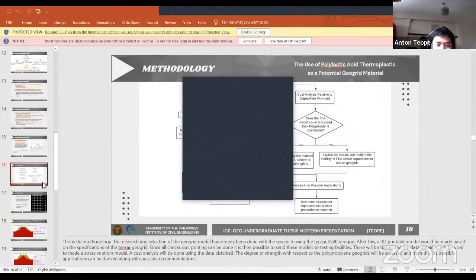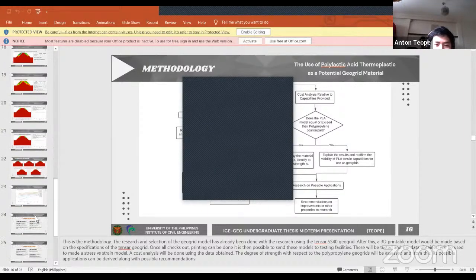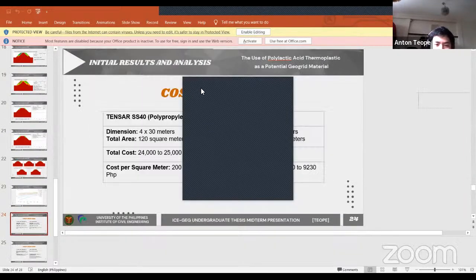The Tensar was cheaper. In terms of total cost for the given product, it was more expensive, but the cost per square meter was cheaper.